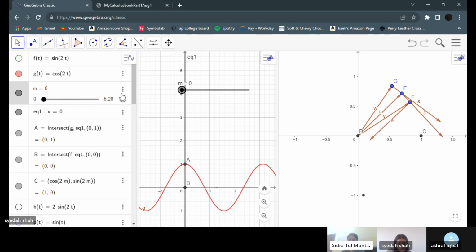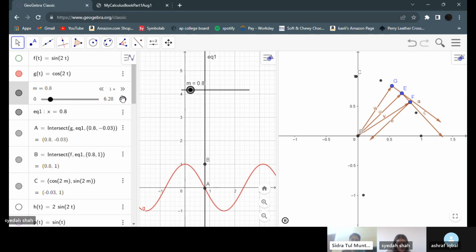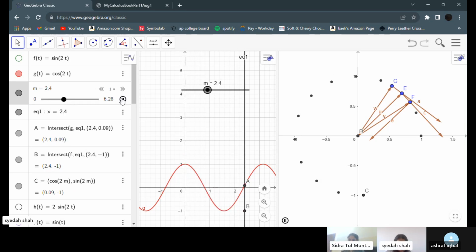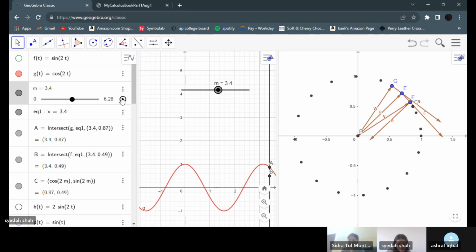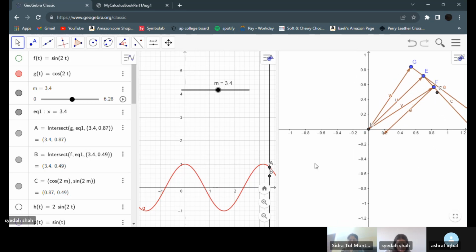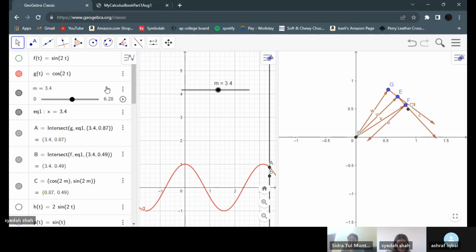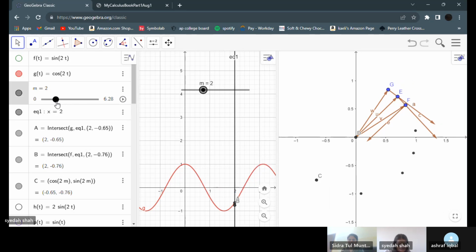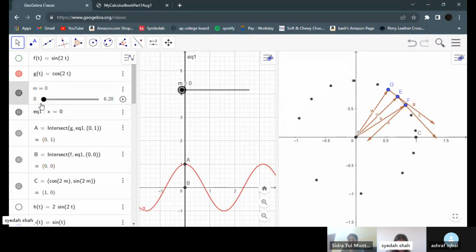I think you are doing it, but on my end it's not showing. Okay, so I have tried.